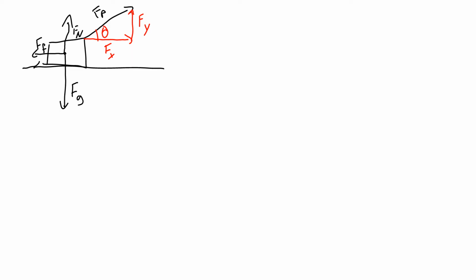I'm going to do something that makes it a little easier. If you look at all forces in the y direction: Fy, Fg, and Fn. Down is negative, so we write Fy plus Fn minus Fg.